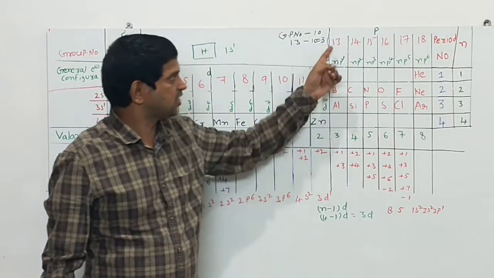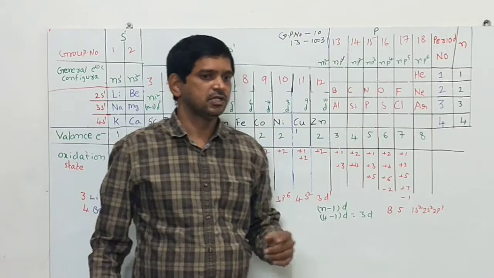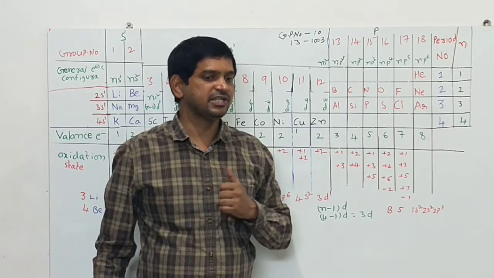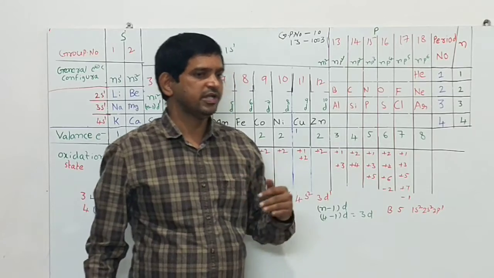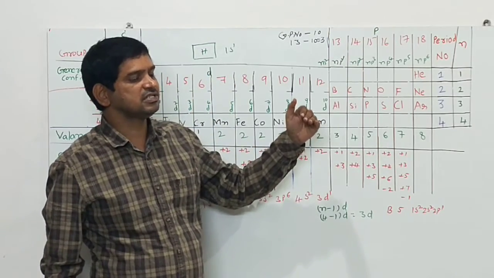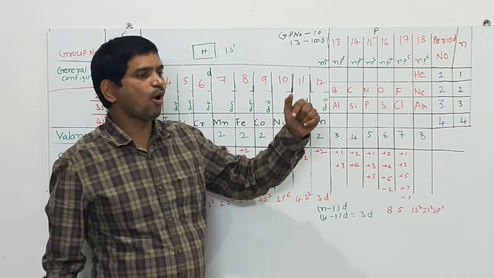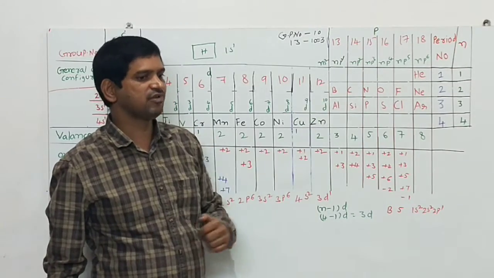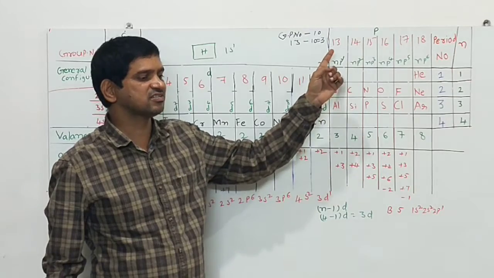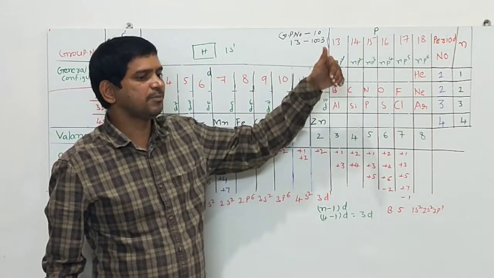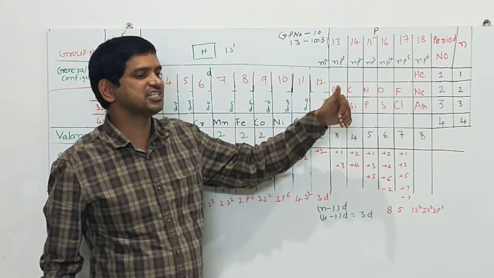Okay, from the 13th to 17th group, elements have variable oxidation states and they follow a general rule. If the valency electrons are an odd number, they exhibit odd oxidation states. If the valency electrons are an even number, those group elements exhibit even oxidation states.